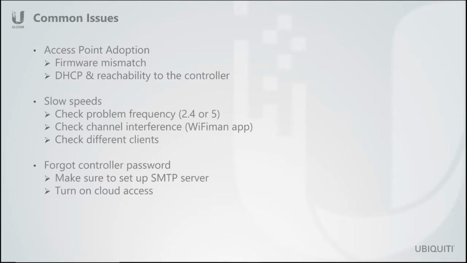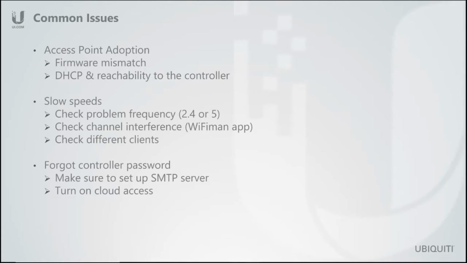To check channel interference, you can certainly use the Wi-Fi Man app, which will tell you which is the best channel with fewer clients, so that there are better speeds and no interference. If there is a problem relating to 5 gigahertz, moving to a different channel and checking it on the Wi-Fi Man app is the best way to tackle it.